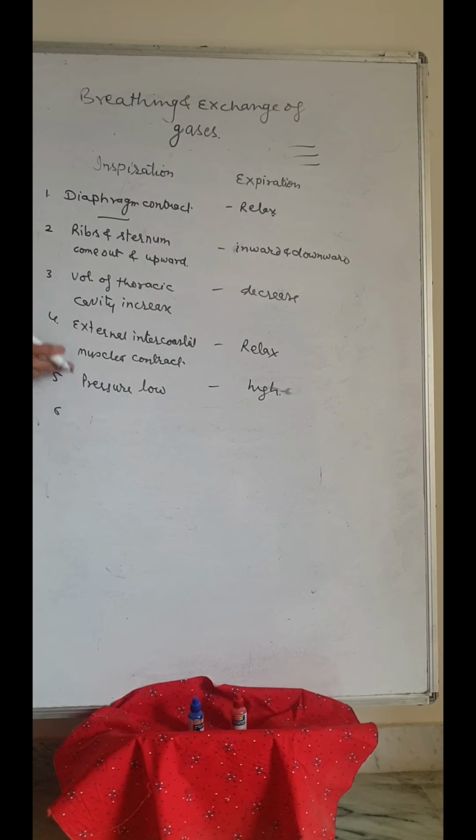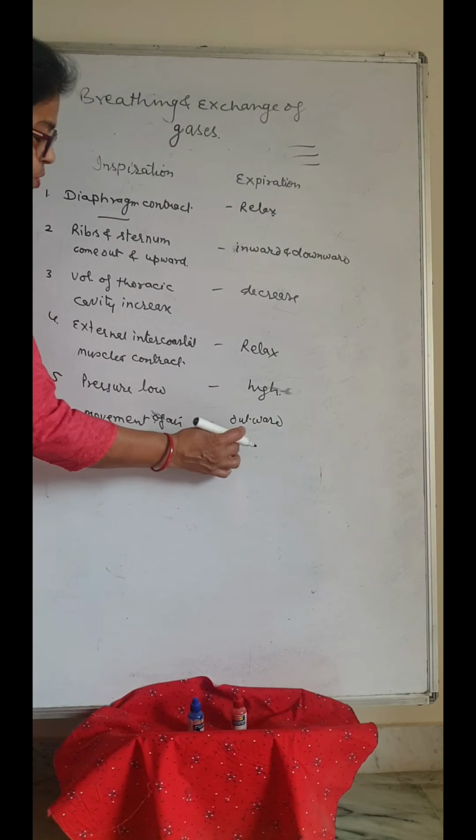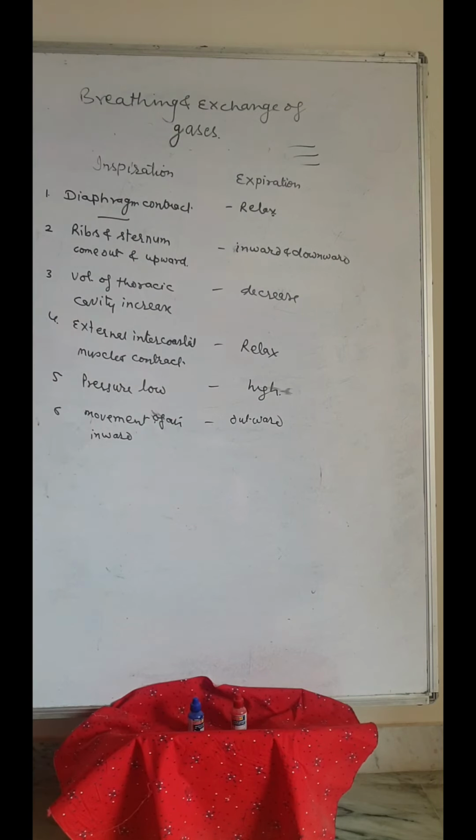The air, we know, always moves from high pressure to low pressure. So the movement of air inward, and air outward means diffusion of the air outside.